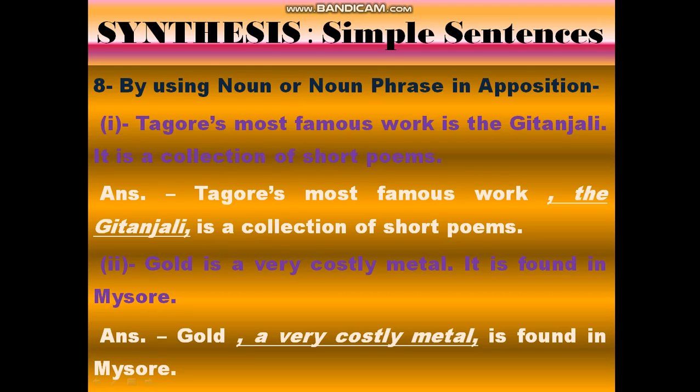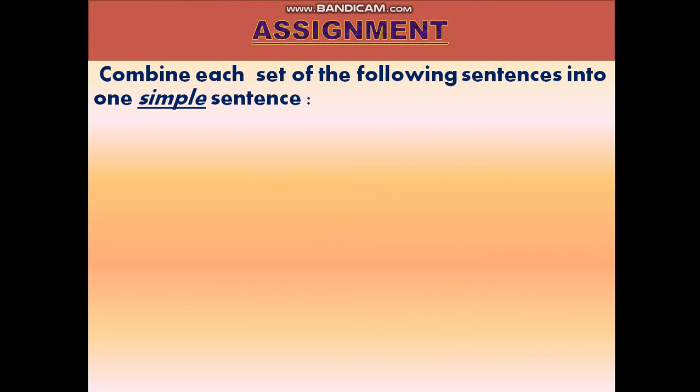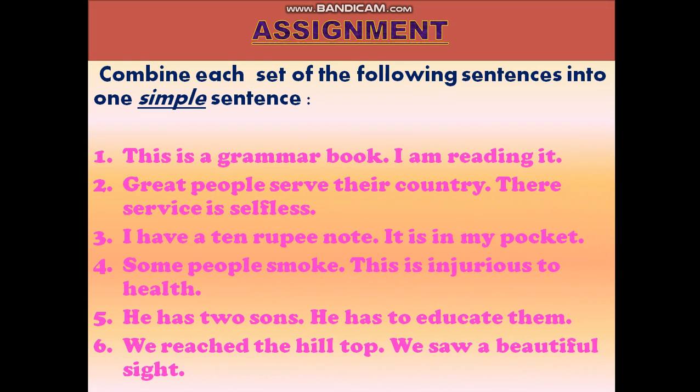So by using all these methods, you can combine two or more sentences into one simple sentence. These are the 8 methods. Now I have an assignment for you. Combine each set of the following sentences into one simple sentence.